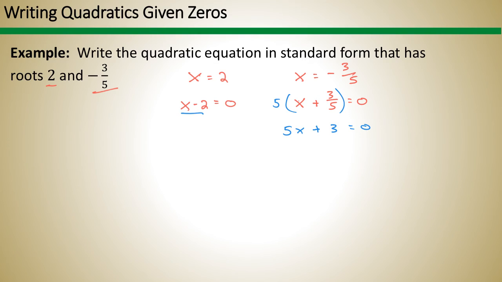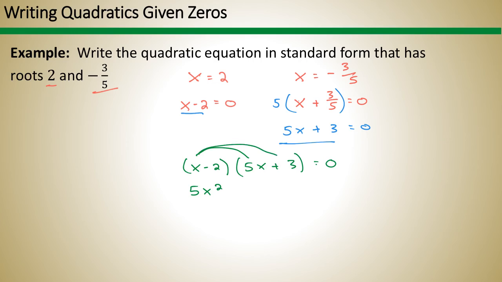So x minus 2 and 5x plus 3, those are my two factors. Multiply those together: x minus 2 and 5x plus 3 equal to 0. x times 5x is 5x squared. x times 3 is 3x, minus 10x, minus 6, all of that is equal to 0.